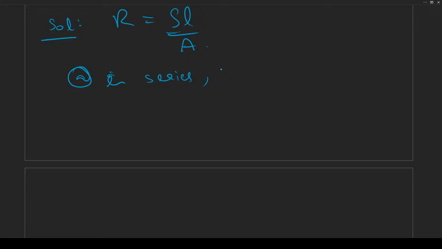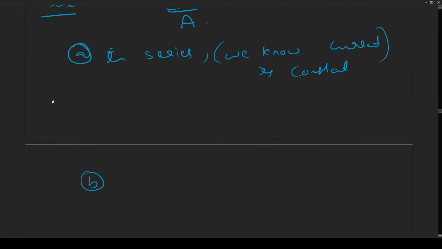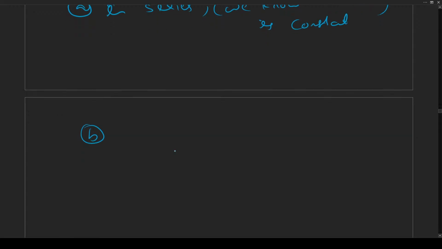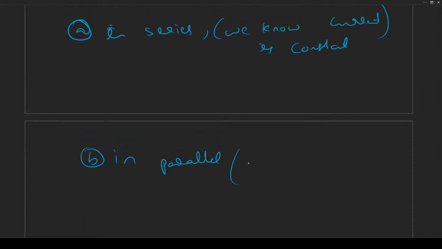In series case, we know current will remain constant. In parallel, current will not be the same, but potential difference will be the same.